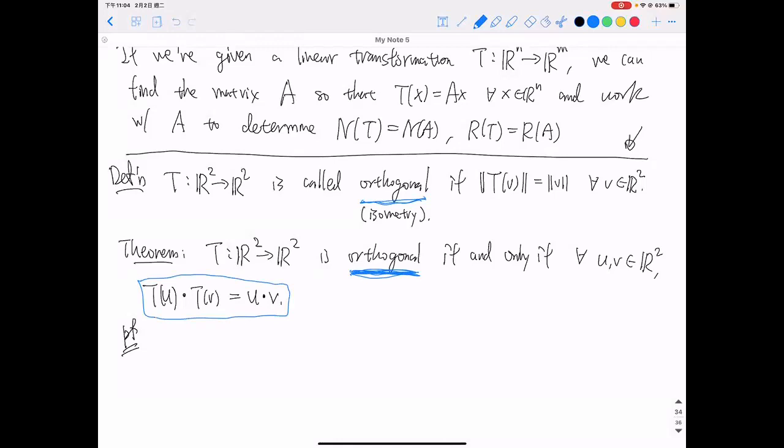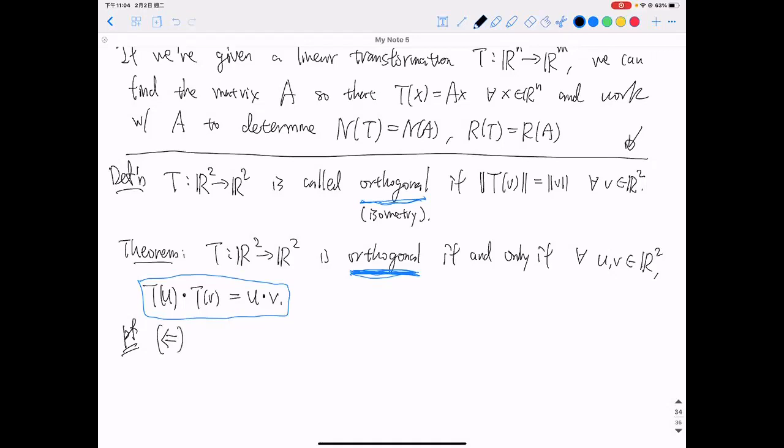So if two vectors were orthogonal to each other, the images under T will still be orthogonal to each other. And for this reason, it makes sense to call T an orthogonal transformation. Okay, so now let's prove this.